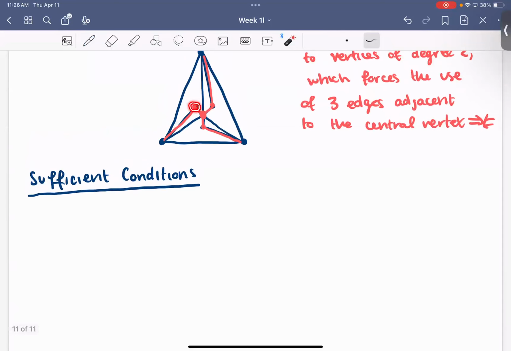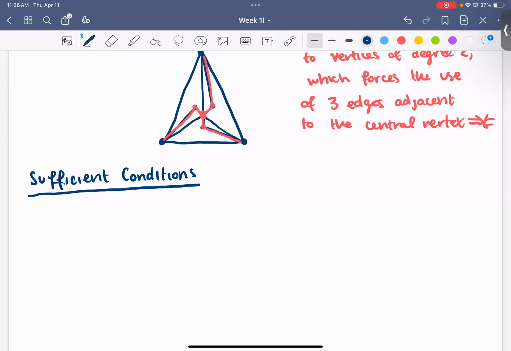Here, it was a problem that we had vertices of degree 2, because that forced us to make particular choices of edges that ultimately led to the graph not being Hamiltonian. If we have more choices at every vertex, then there's always somewhere that you can go. That's the idea behind these sufficient conditions.